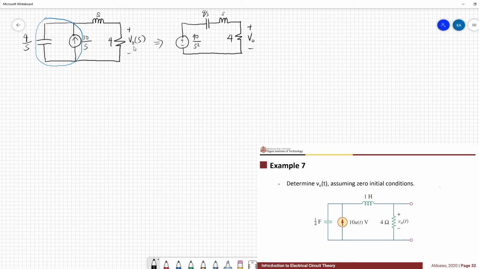By voltage divider in this circuit, Vo is equivalent to 4 over 4 plus s plus 4 over s, times 40 over s squared.